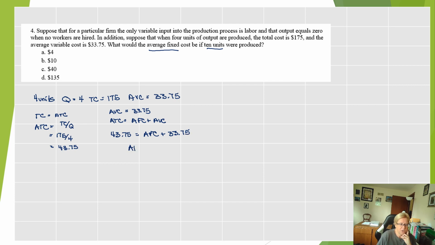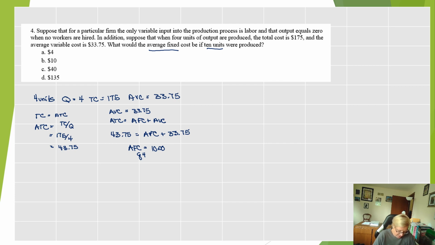From that, we know that average fixed cost at a quantity of 4 units has to equal 10.